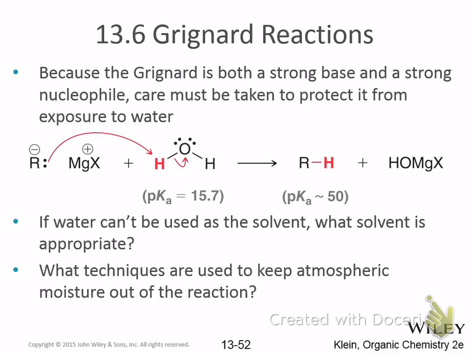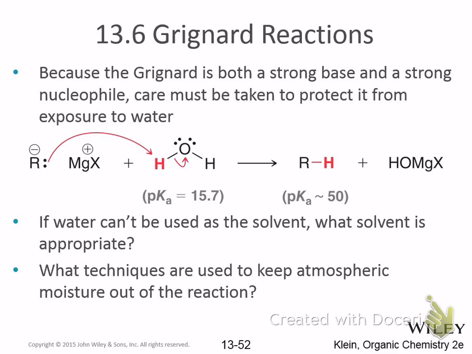The other thing that you could do, and some people actually do this, is use Grignard reagents as bases. Grignard reagents, just like lithium aluminum hydride, are so reactive that if there's any protic solvent involved, it will react with it. So if you have the Grignard reagent and any water present, this pKa is close to 50, this pKa is 15.7.